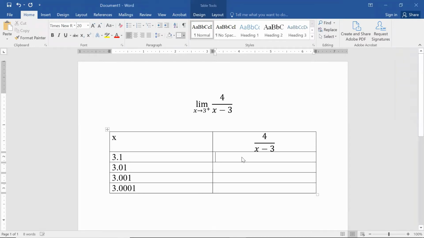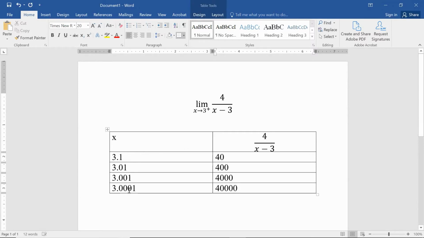When I plug in 3.1, the output is 40. When I plug in 3.01, the output is 400. When I plug in 3.001, the output is 4,000. When I plug in 3.0001, the output is 40,000.